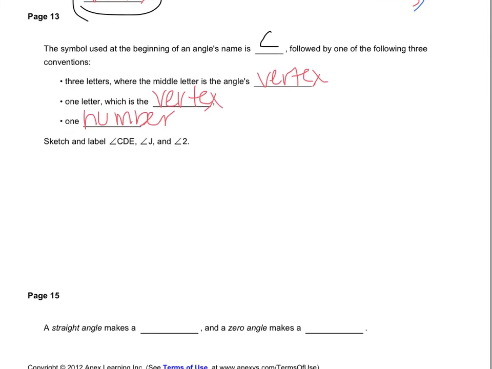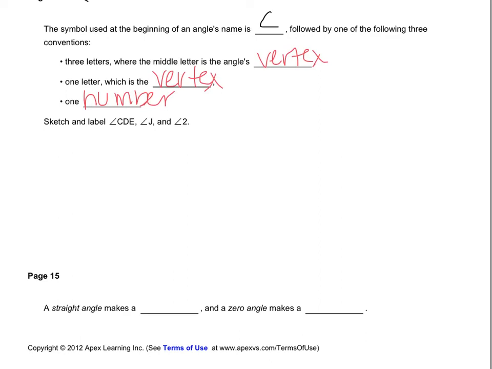To give you an idea of what this is talking about, I'm going to draw the first one in pink. We're going to call this angle CDE. That means that point D is the vertex. Points C and E are on the rays. So it would look like this.